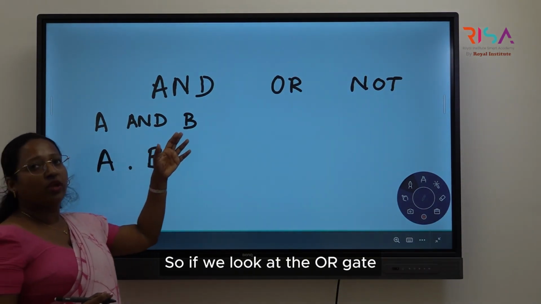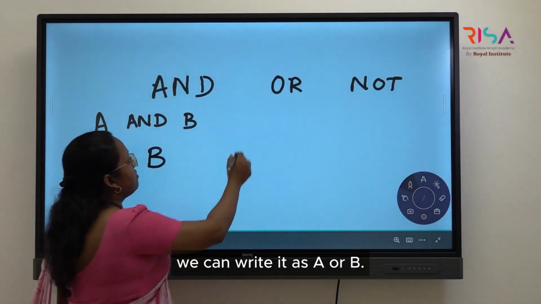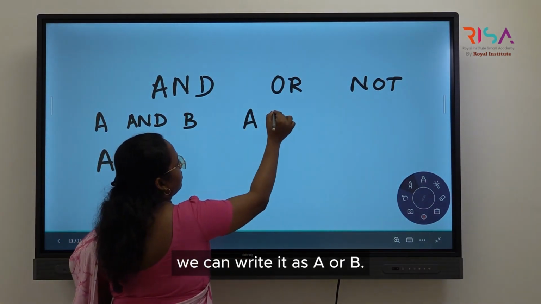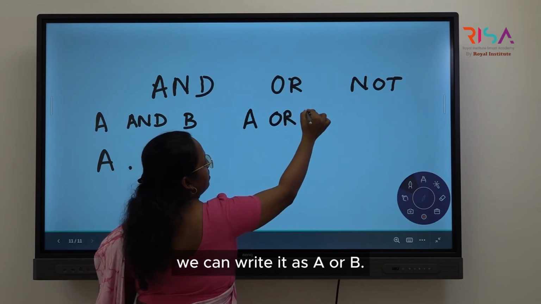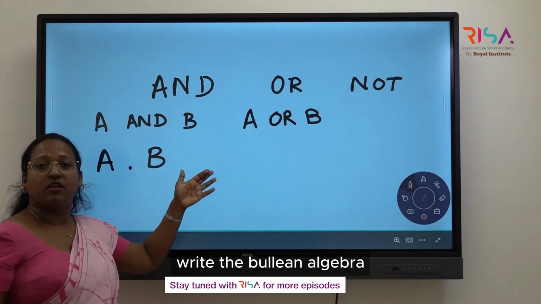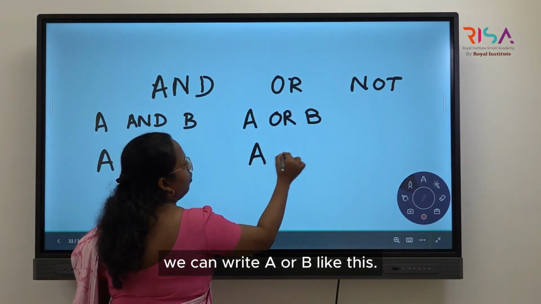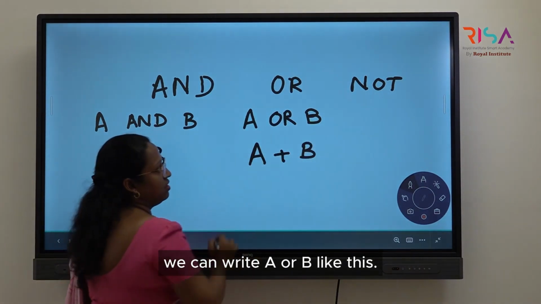So if we look at the OR gate, we can write the logic notation as A OR B. Right? And for the Boolean algebra, we can write A OR B like this. Right?